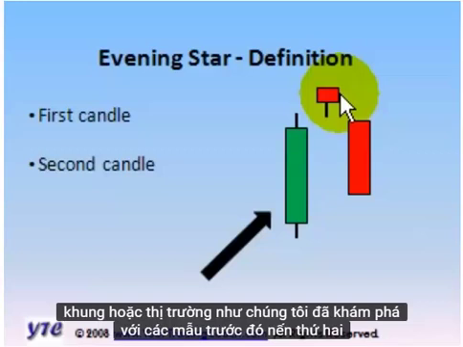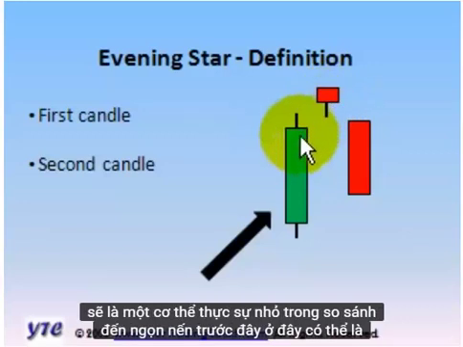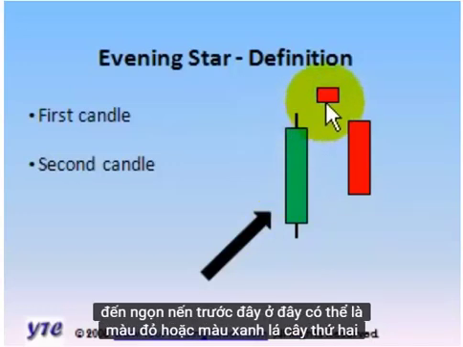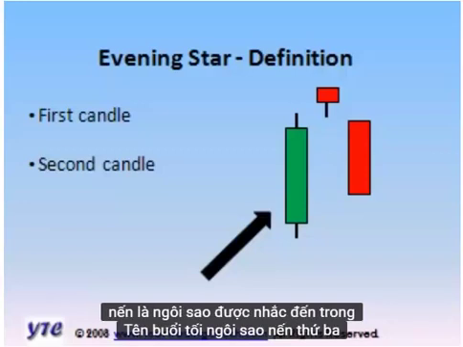The second candle will be a small real body in comparison to the previous candle here, and maybe either colour, red or green. This second candle is the star referred to in the name evening star.